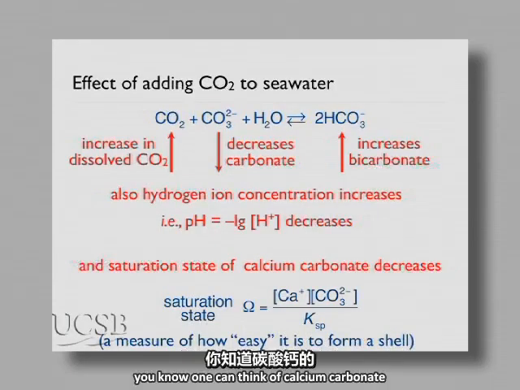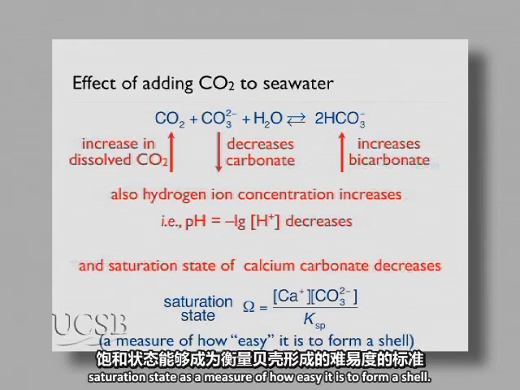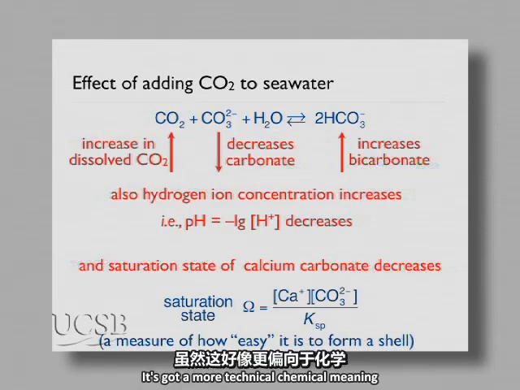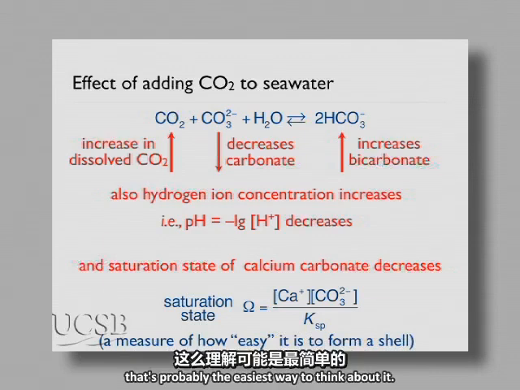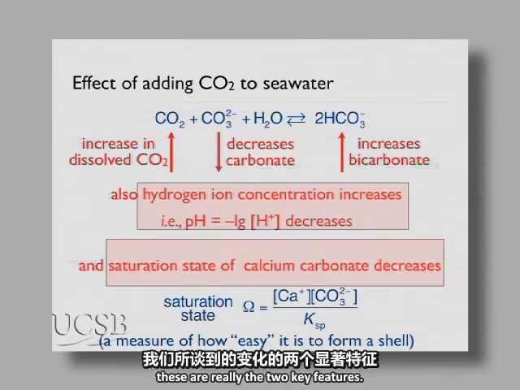And as I note there, one can think of calcium carbonate saturation state as a measure of how easy it is to form a shell. It has a more technical chemical meaning, but as a biological process, that's probably the easiest way to think about it. So as we go on and look at the changes we're talking about, these are really the two key features.